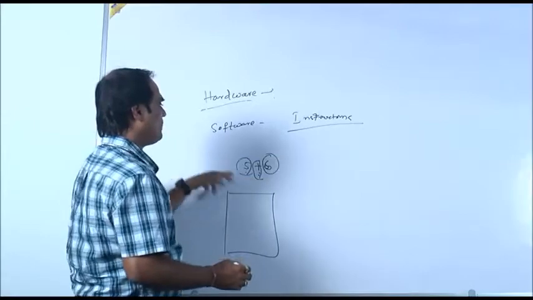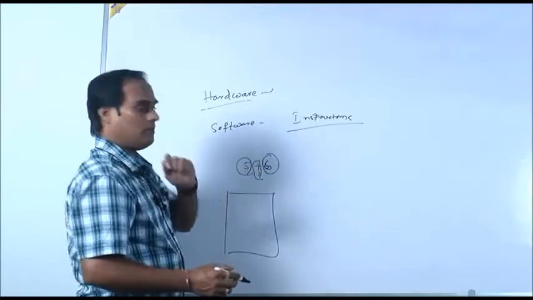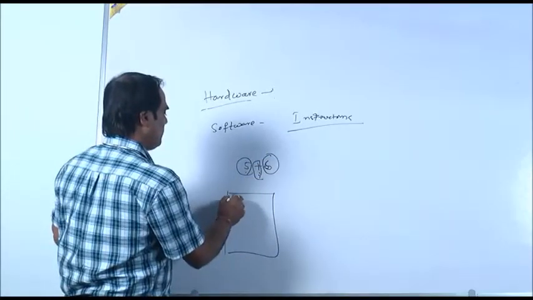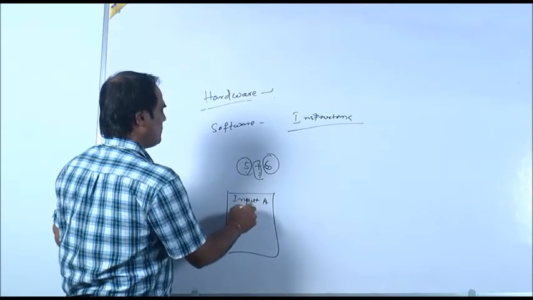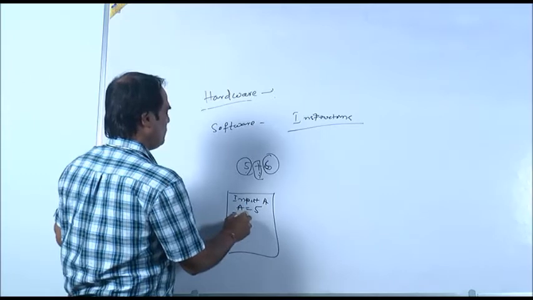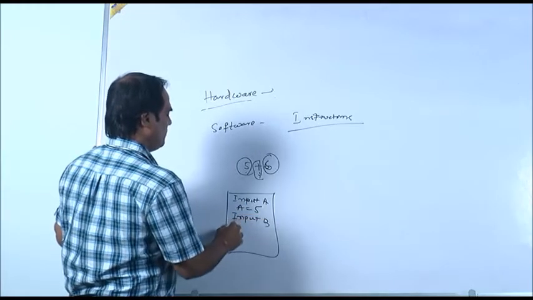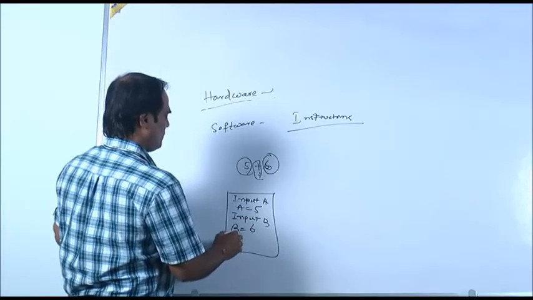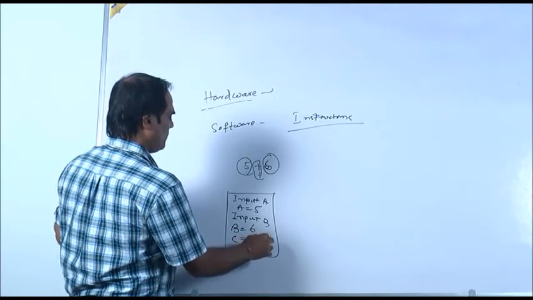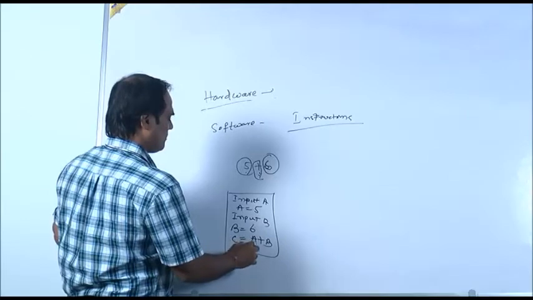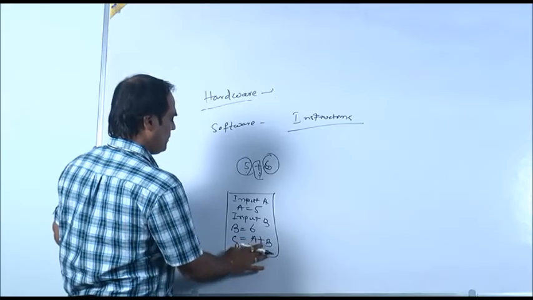Suppose we have to execute this, we give a set of instructions: input A is equal to 5, input B is equal to 6, then C is equal to A plus B, then print C.